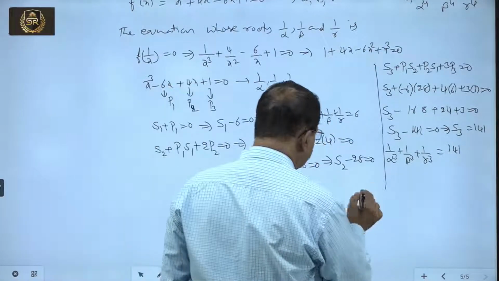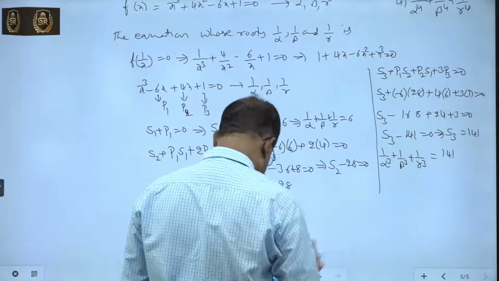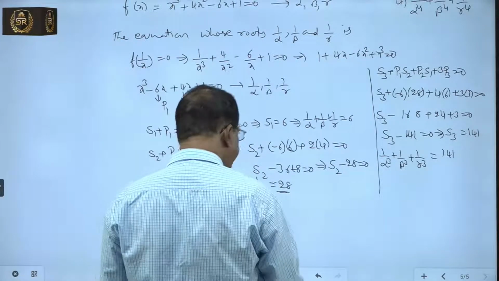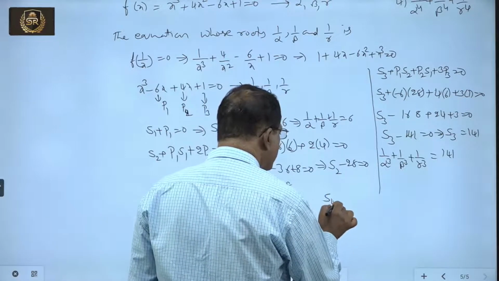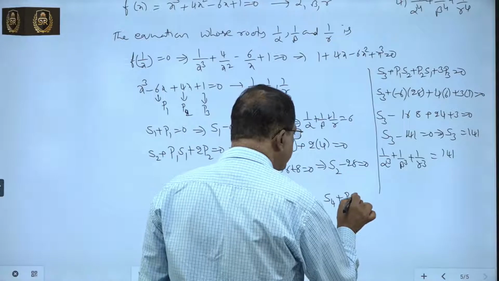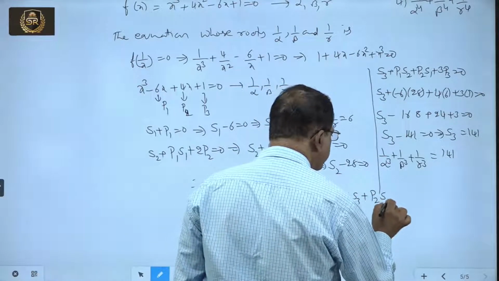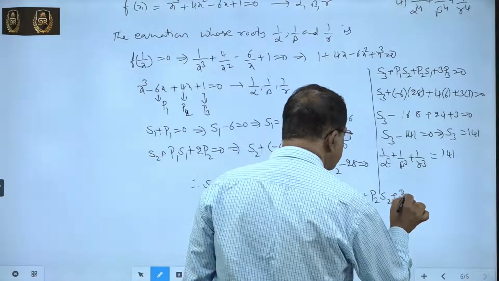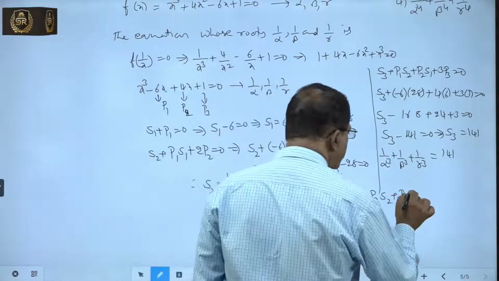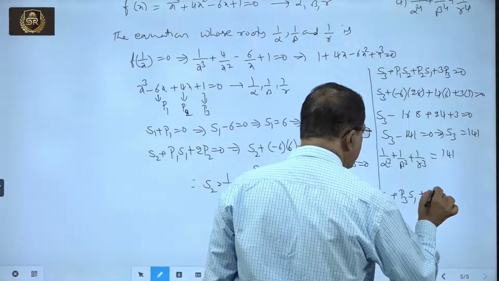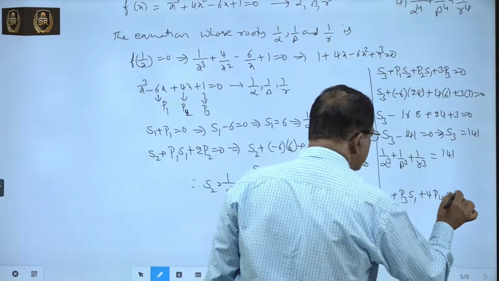Next, S4 plus P1 S3 plus P2 S2 plus P3 S1 plus 4 P4 equals 0.